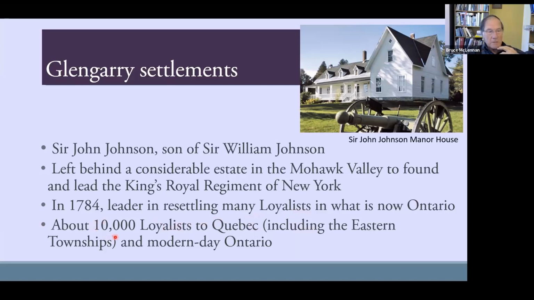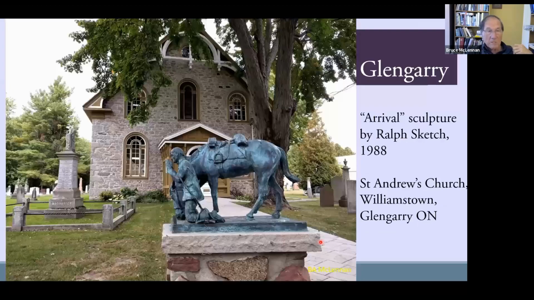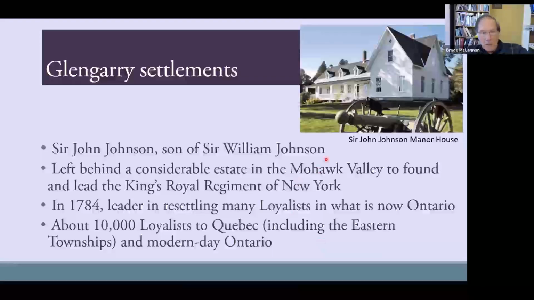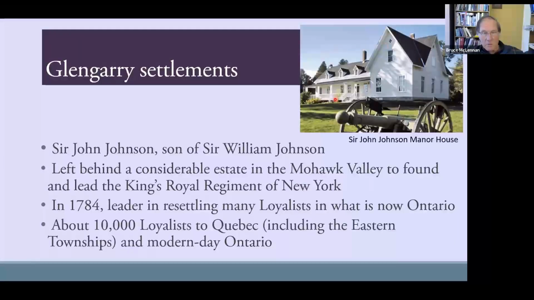About 10,000 loyalists came from the US to settle in what is now called Quebec, including those eastern townships I mentioned before, and modern day Upper Ontario. This house, I might add, is a historic museum today, but for a time it was owned by a MacLennan who was the Laird of Glengarry, Williamstown.